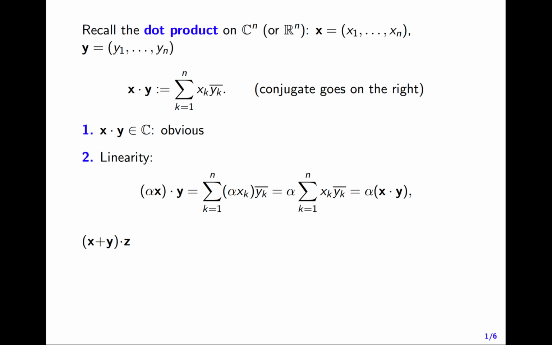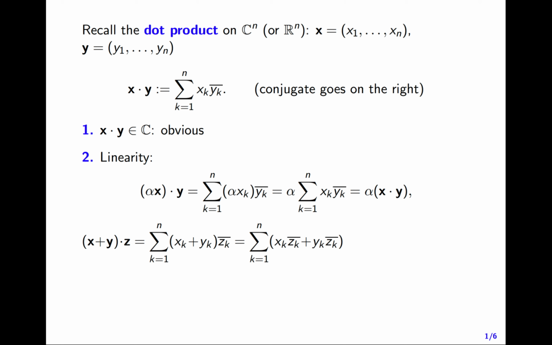And if I take x plus y dot z, where now x, y, and z are three vectors in Cn, and x plus y, the sum, is also a vector in Cn, so x plus y dot z is going to be the sum from k equals 1 to n of the quantity xk plus yk times the conjugate of zk.